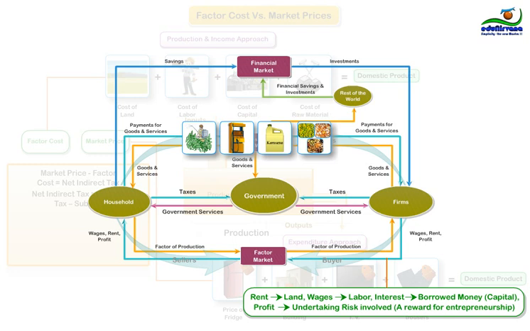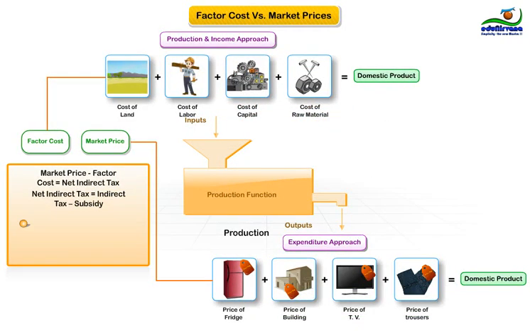Similarly, sometimes government gives subsidy on sale of certain commodities like kerosene, oil, sugar, rice at ration shops, which is subtracted from factor cost. As a result, market price becomes higher than factor cost in case of levy of indirect tax. Market price becomes lower than factor cost in case of grant of subsidy.